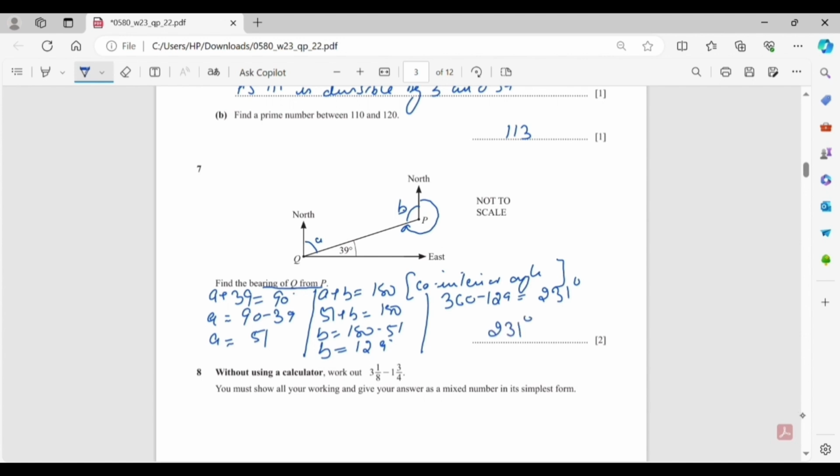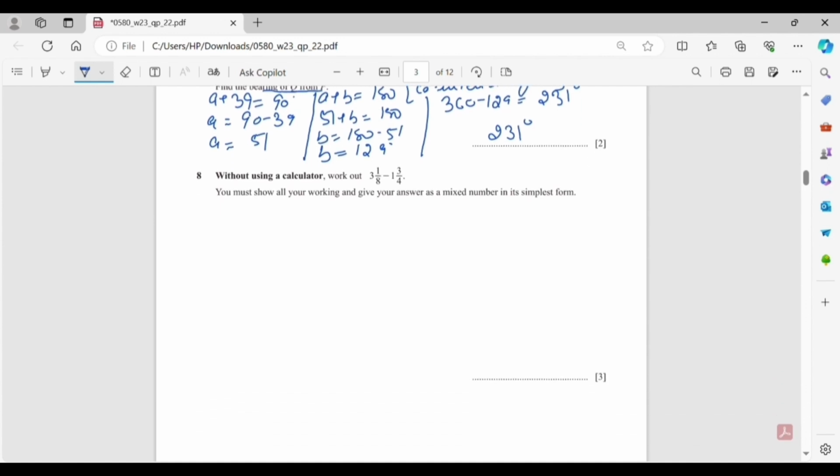Next question number 8. Without using the calculator, work out this. You must show all your working and give your answer as a mixed number in simplest form. So 3 1 by 8 minus 1 3 by 4, 25 by 8 minus 7 by 4.